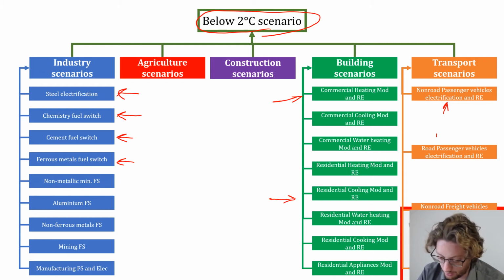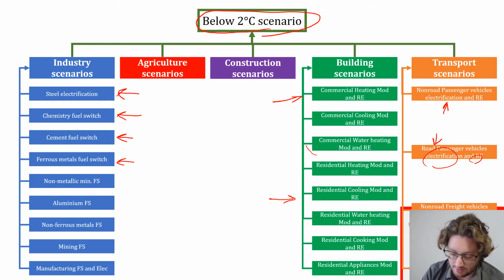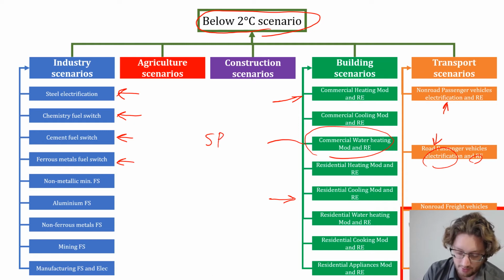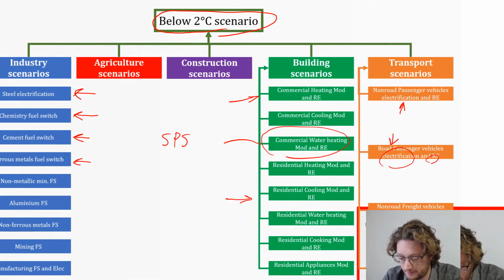I have some road passenger cars, vehicles that are more in line with electrification and direct RE maybe. So I'm making a lot of these, and each of these is like a small single policy scenario, I would call this. It's one minor change to my general model saved as its own scenario.